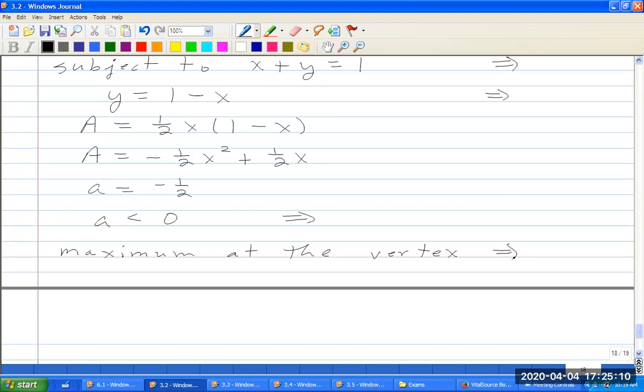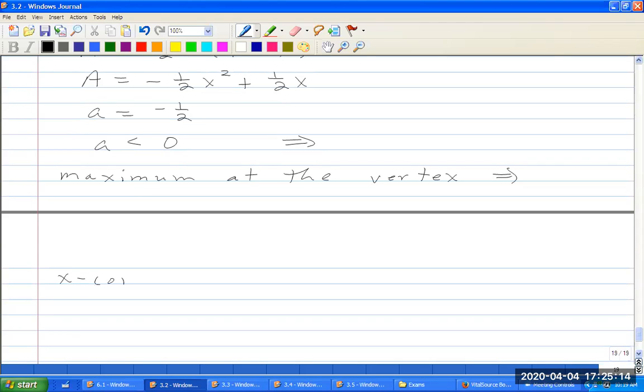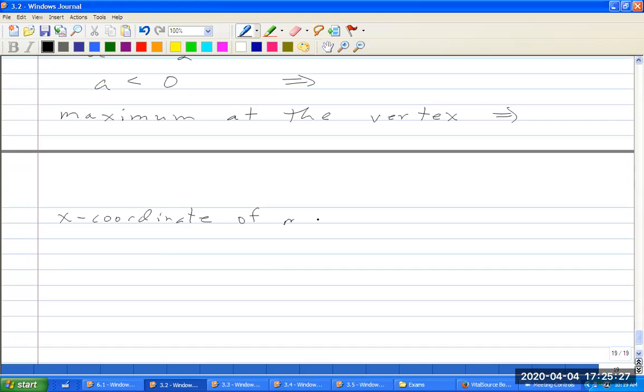The x coordinate of the vertex will be determined by the axis of symmetry, which has the equation x equals negative b over 2a.